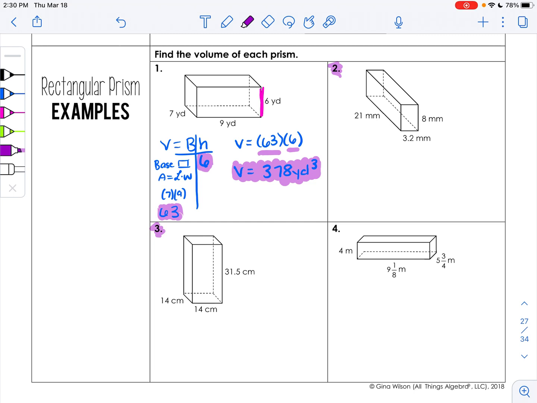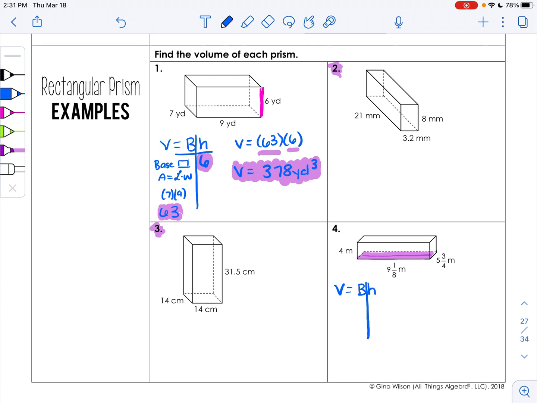So number 4, I still have a rectangular prism, but if you notice, some of my measurements are fractions. So I'm going to find the volume the same way. Volume equals area of the base times the height.